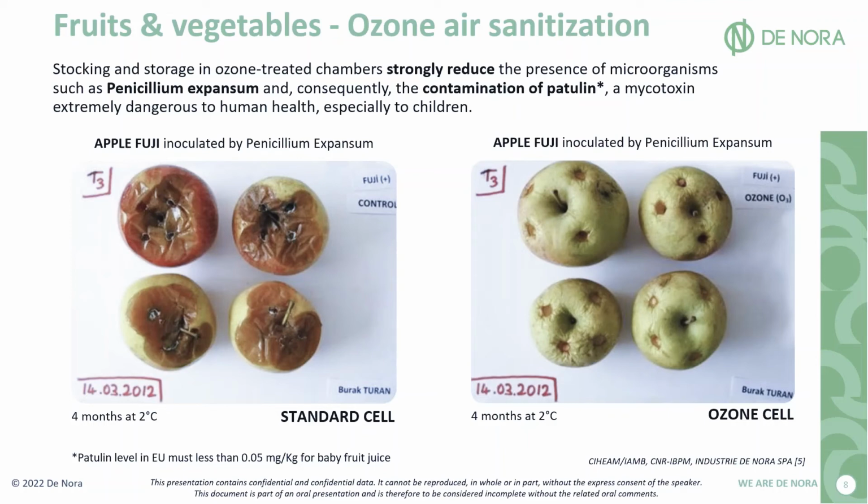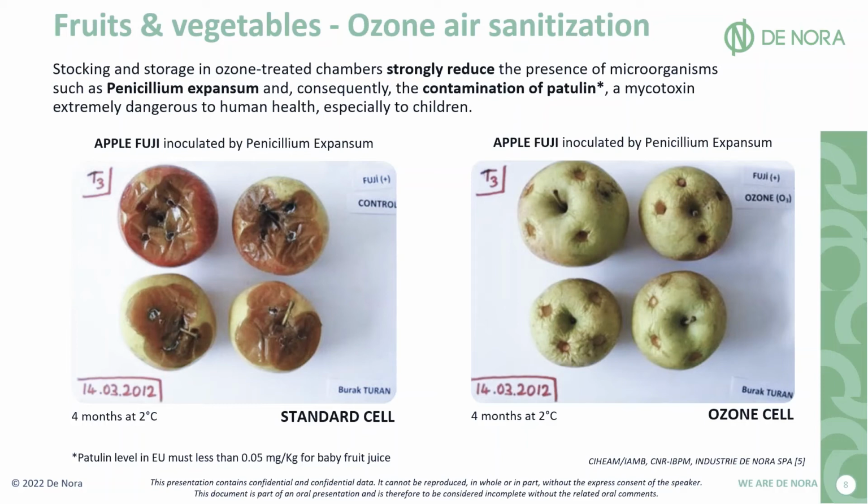If you control the growth of the mold in the storage room during storage, you avoid the formation of mycotoxin. As I said before, it's better to prevent than remove. It's more simple.